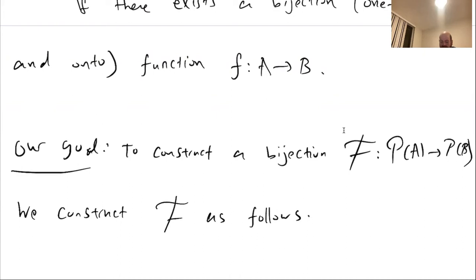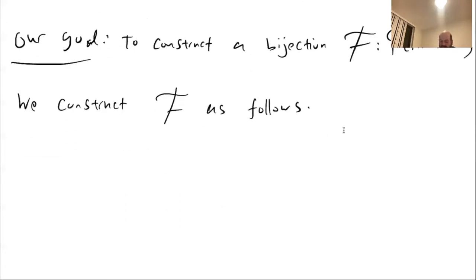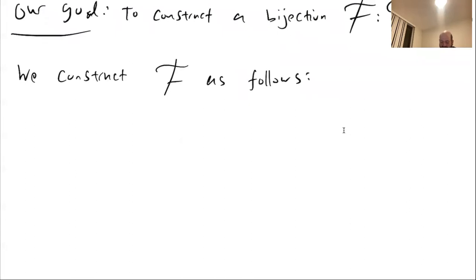So I want to define a function from P of A to P of B. The input for this new function must be some element in P of A. Some element in P of A means a subset of A, because P of A is the set of all subsets of A. So curly F on some element, let's say capital C, how am I going to define it?